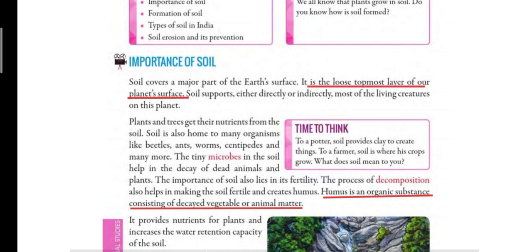Animals depend on plants for their food. And we also need soil for agriculture. So, we can therefore say that we are dependent directly or indirectly on the soil.